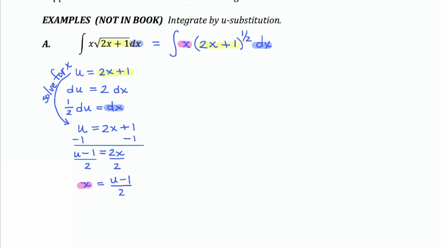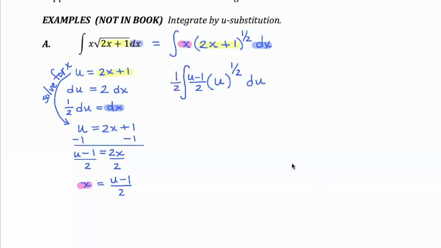So I'm going to replace all of these parts to form the u integral. Begin with the yellow. So I have u to the 1/2 power. Now the purple x I'm going to replace with u minus 1 over 2. Keep my integral symbol, and then the dx I replace with a 1/2 du.